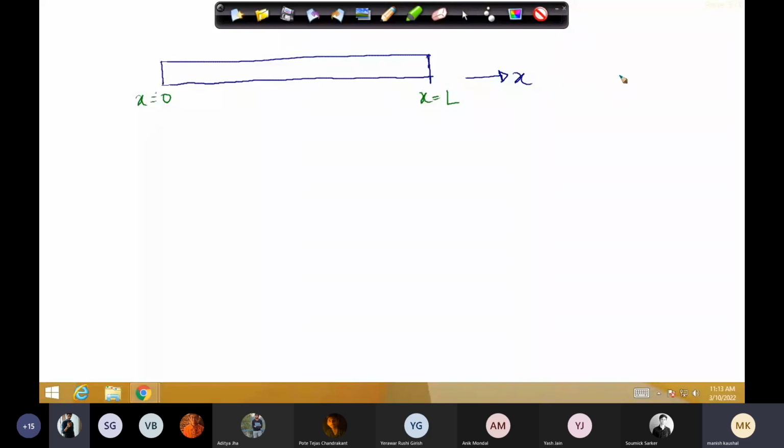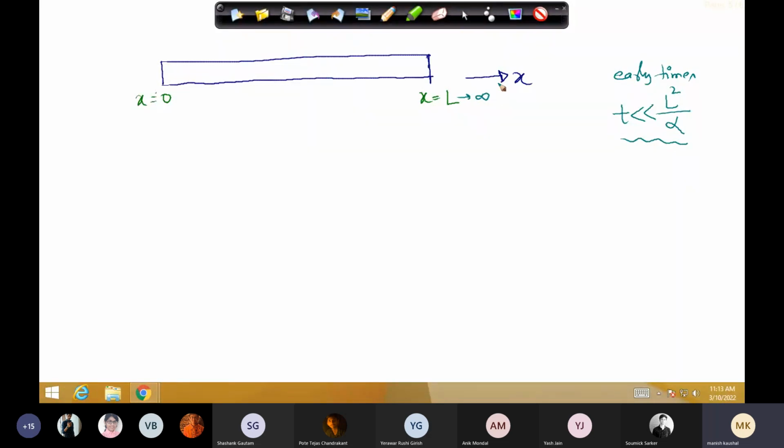For the early time. Yeah, so what is that early time? That's what I want to know in terms of these various physical parameters. You are right. Yeah, L square by alpha. Your time regime should be very, very much less than this time. Okay. So under those circumstances, we can say that this L is practically infinity.